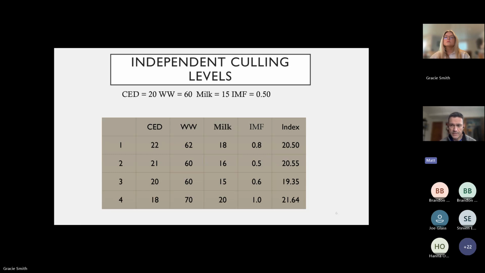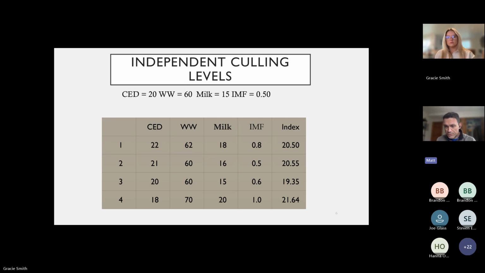I have, let's say, 4 bulls, 1 through 4, and I have EPDs for calving ease, weaning weight, milk, IMF, and then at the end there I have an index, right? This is a fictitious example. In my experience, whether producers call it an independent culling level or not, this is the primary method used to select for multiple traits simultaneously.